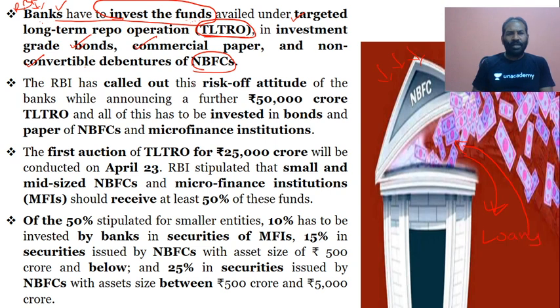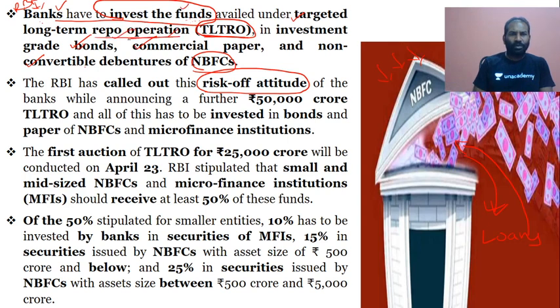And the RBI has called out risk aversion. So definitely the banks will now have a kind of inhibition. Why should we invest the funds? If we invest in the bonds and commercial papers, there could be a possibility that we will lose the interest, because this is a repo operation.